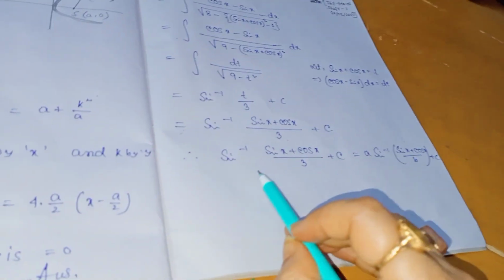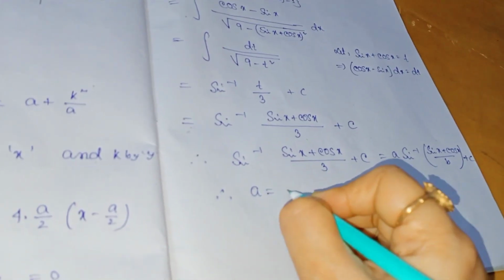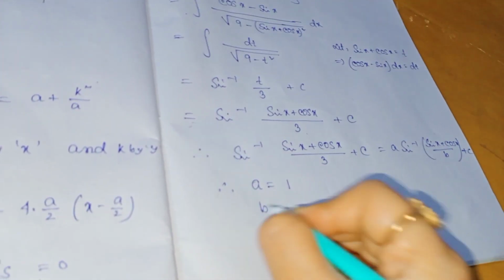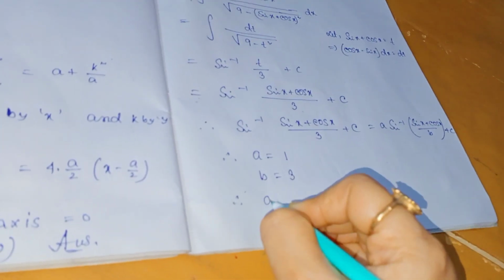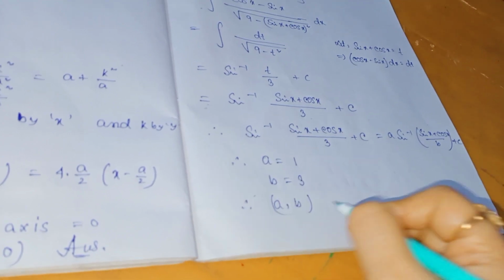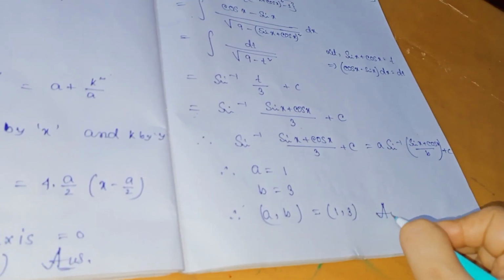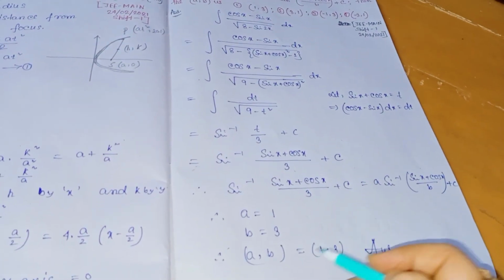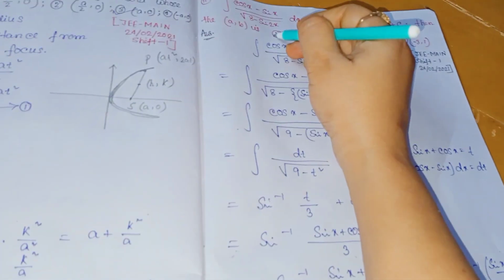Comparing the right hand side and left hand side, we get a is equal to 1 and b is equal to 3. So the value of a comma b is 1 comma 3. We reached our required answer, and our option is a comma b equal to 1 comma 3. So option 1 is our correct choice.